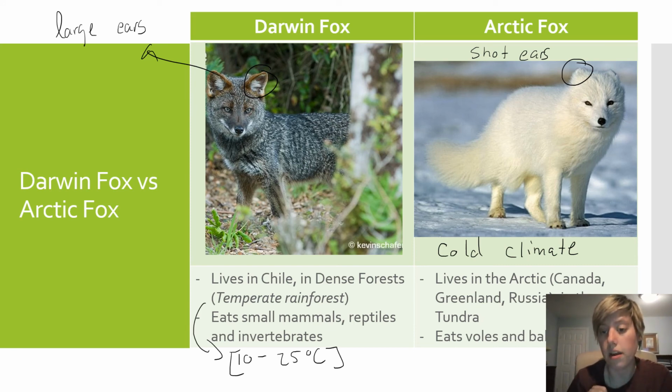The smaller the ears, the less heat escapes from the head. If we're looking at the fur color, they're white, the Arctic fox. The Darwin fox is brown and grays, to blend into where they live. So all of these adaptations are based on where they live.